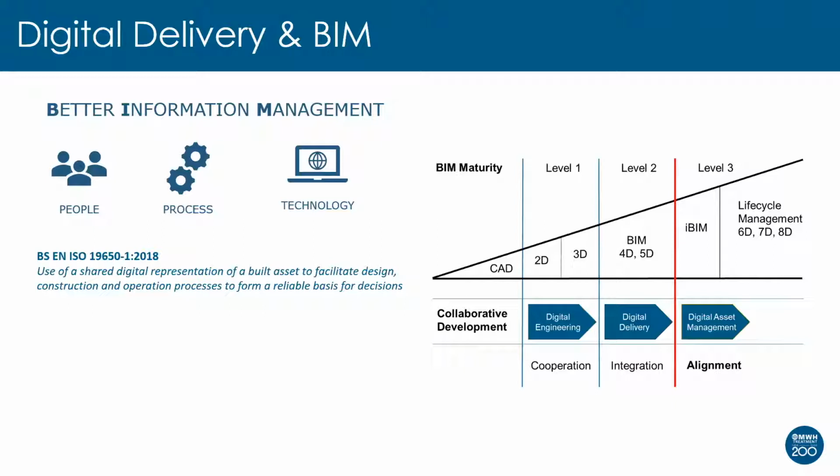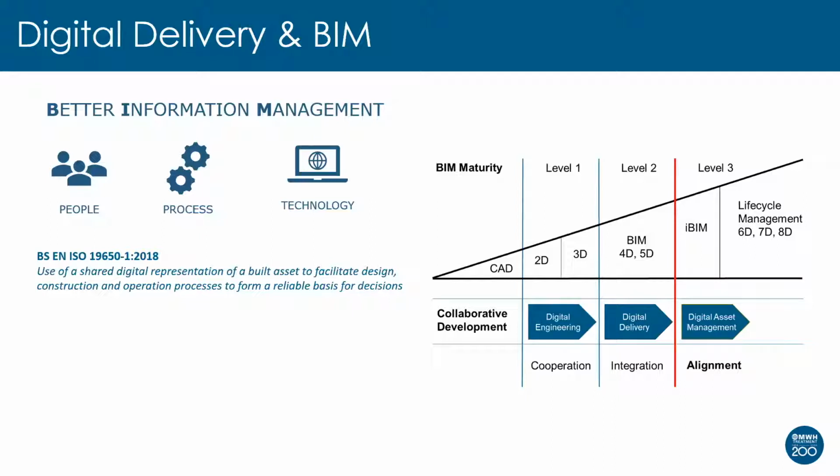So level 2 is kind of where we are at the moment, I would say, as a sector. So it's where we've taken that digital engineering phase into the delivery phase, where we've moved into a far more integrated approach, 4D, 5D. So we're looking at linking the designs into the construction program and even the estimating.